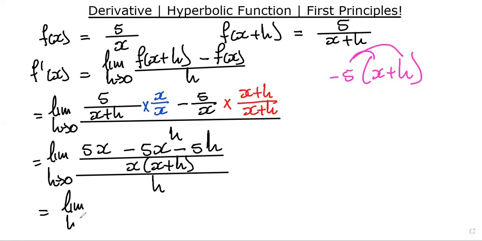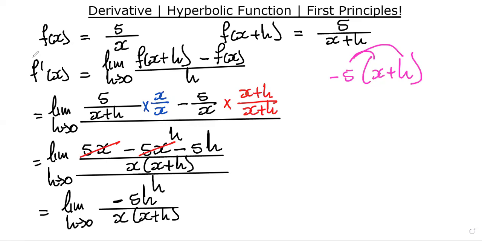So you still have the limit as h approaches 0. Then you'll say 5x and 5x will cancel out. You are left with negative 5h in the numerator. And of course, the denominator of the numerator is x into x plus h.